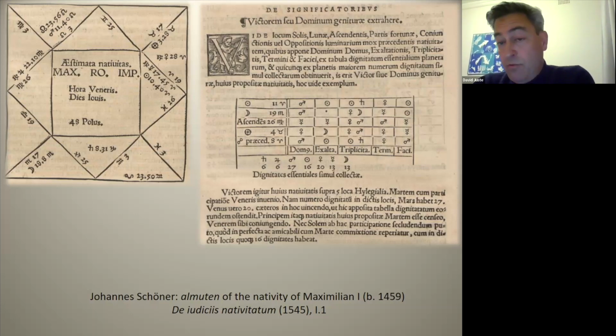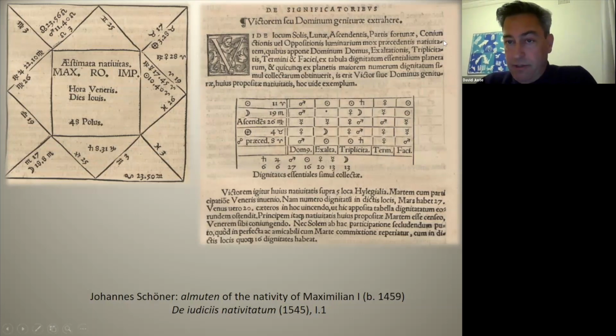And near the beginning of the book, he calculates the Almuten of Maximilian, which he calls Victor se or the Dominum Geniturae, the Lord of the Nativity or the Lord of the Geniture.